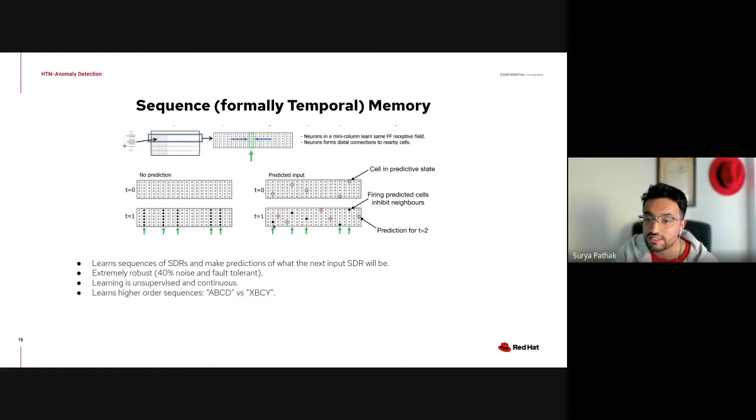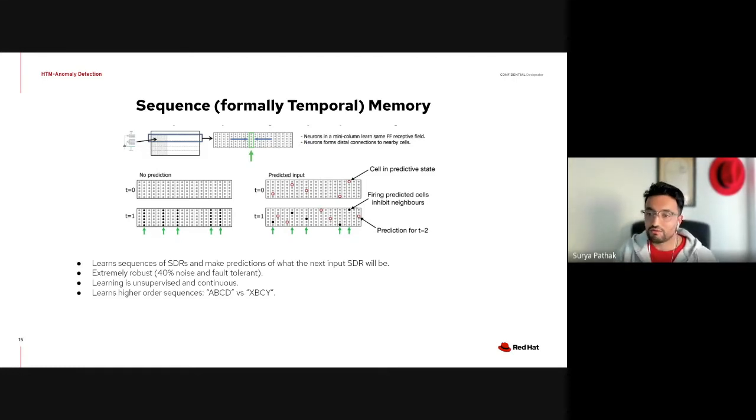Now, because these neurons in the corresponding columns become active, in the next step, at t equals 2, it has to predict something. Therefore, it excites the nearby neurons and changes them into the predictive state, so that at t equals 2, another neuron in another column may become active.